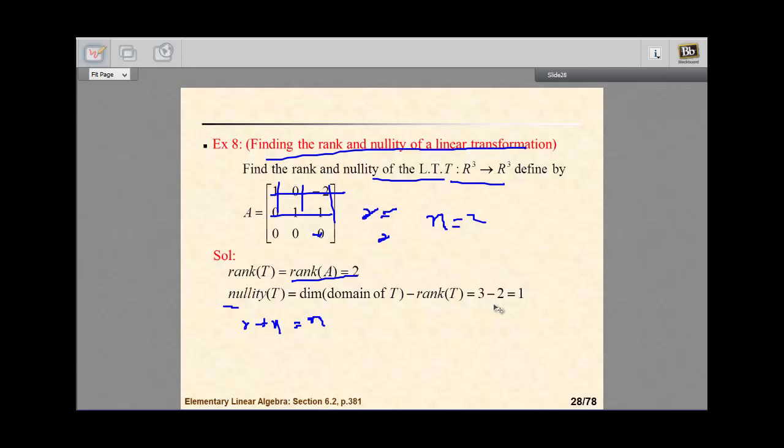So when we put the value of rank as 2, plus nullity, equal to n, and n is equal to 3. So nullity will be equal to 3 minus 2, which is equal to 1. In this way we can solve this. In this way you can solve it.